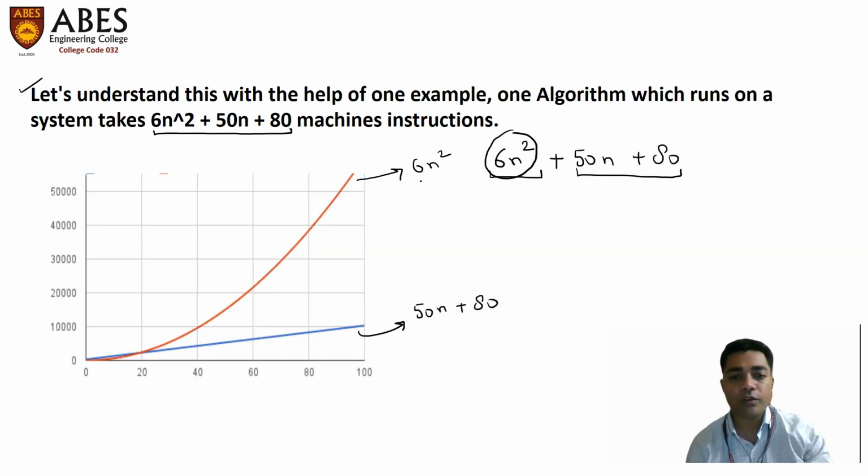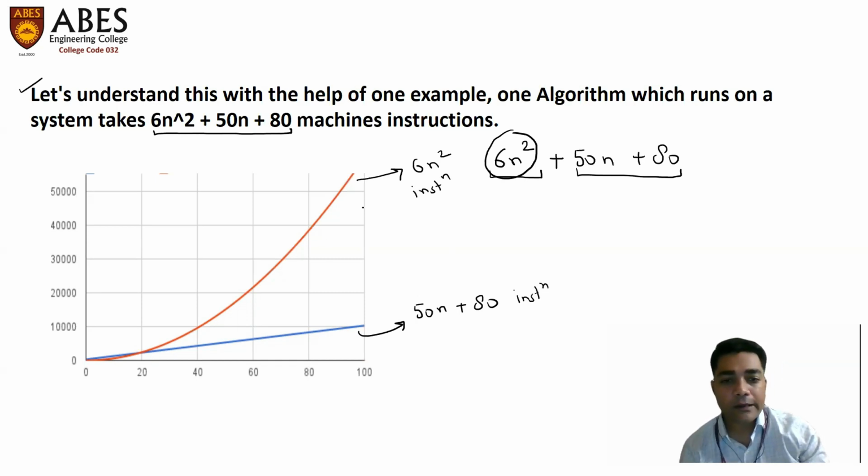So we can clearly see that the order of growth of this program, which is giving out these many instructions, 6n square plus 50n plus 80, is dominated by this term 6n square.